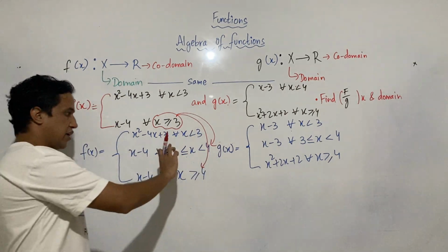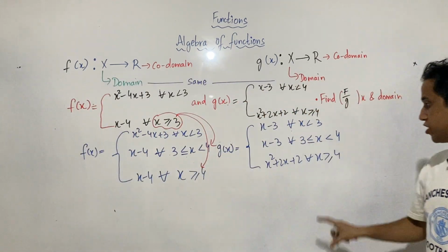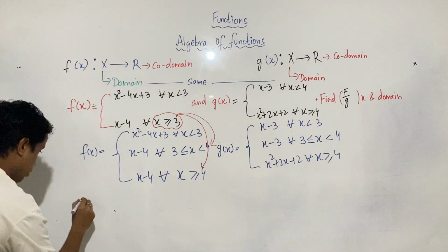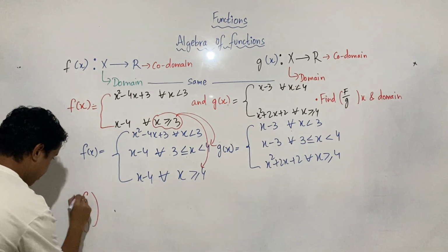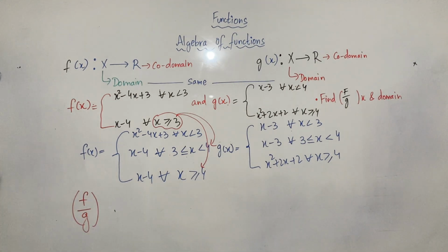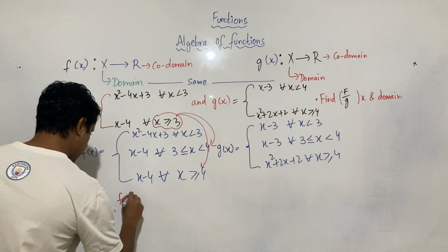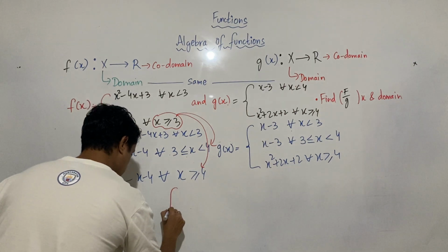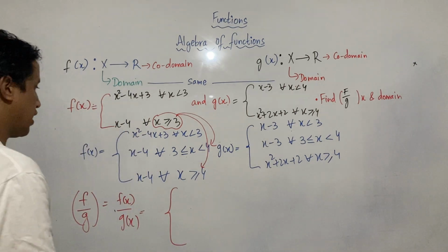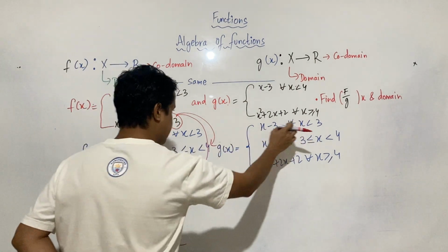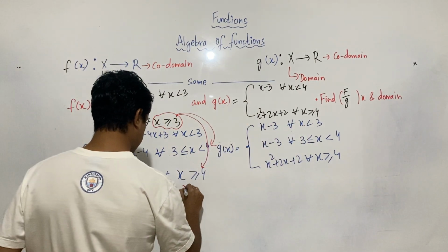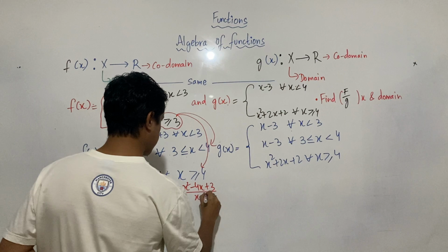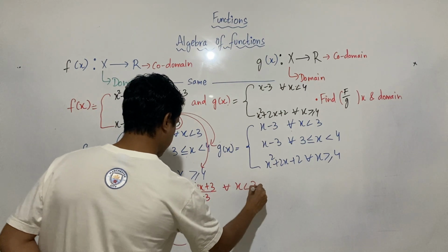Why did I do that? To make it look similar to these two parts. Now what I can do is apply the operation f over g, which is f(x) over g(x), and let's see what it's going to give us. When x is less than 3, it's going to be x squared minus 4x plus 3 divided by x minus 3, for all x less than 3.